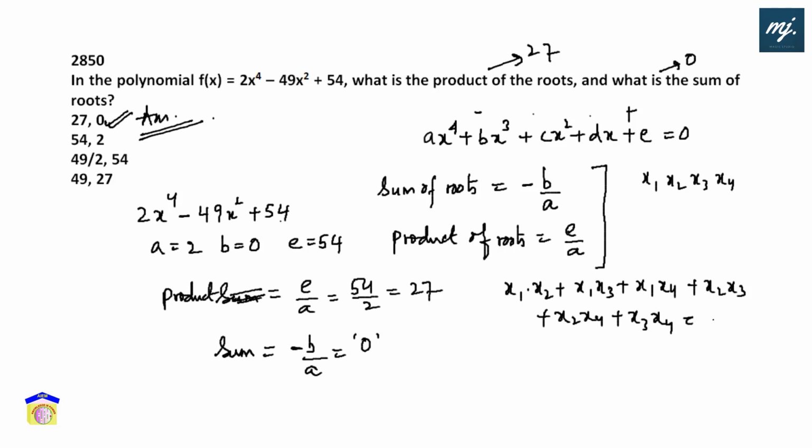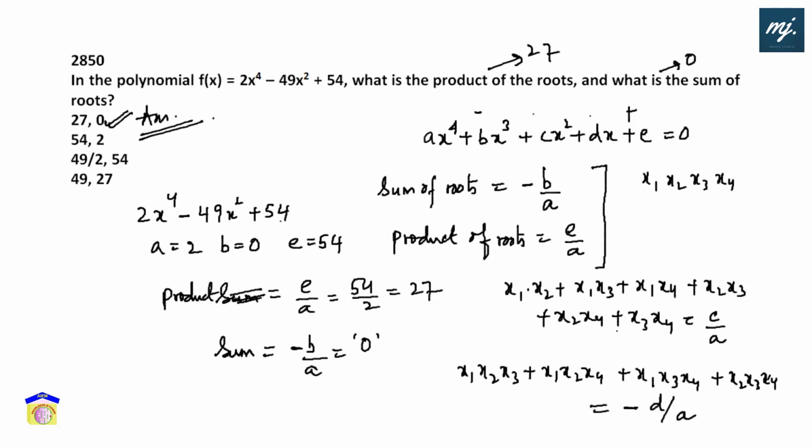That would be given by c by a. And the product of roots taken 3 at a time, 4C3 would be 4: x1 x2 x3 plus x1 x2 x4 plus x1 x3 x4 plus x2 x3 x4. The product of roots taken 3 at a time is given by minus d by a.